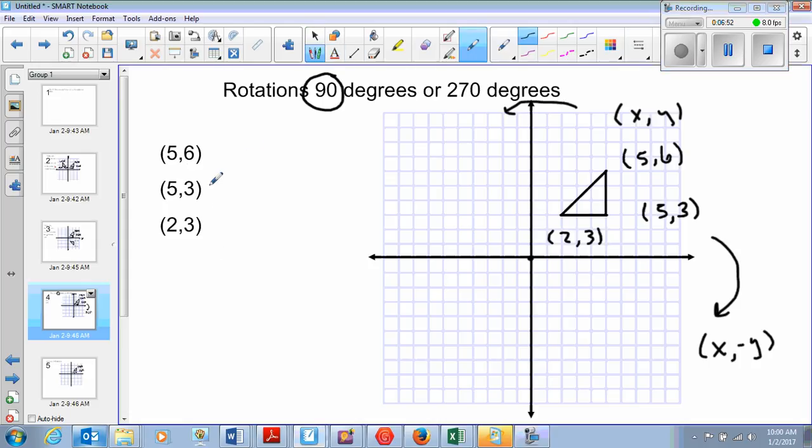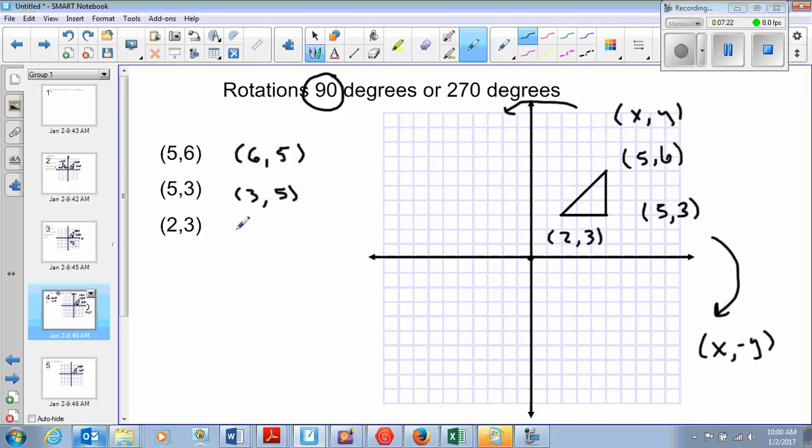The first thing that we want to do when rotating 90 degrees is we want to switch those values, okay? So we're going to turn our x's and y's and flip them. So instead of 5, 6, we're going to do 6, 5. Instead of 5, 3, we're going to have 3, 5.